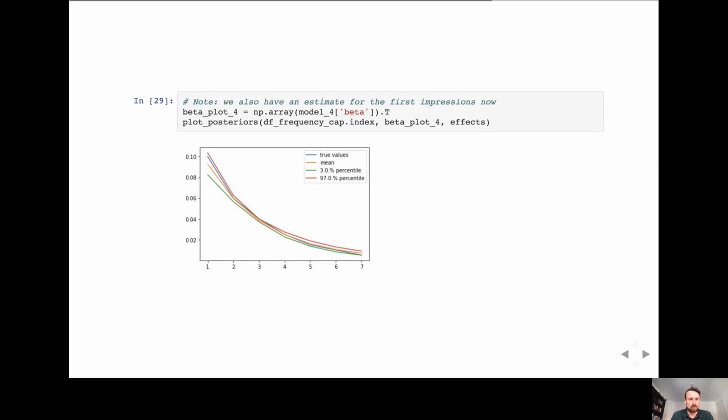We can see a very clear difference here: the variance has become much, much less. Also, what I included here is the effect for the first impression. You can see that it's a little bit off. Actually, it was impossible to have an estimate of the effect of the first impression, simply because we cannot compare against people who haven't had any impression, as those weren't in the data.